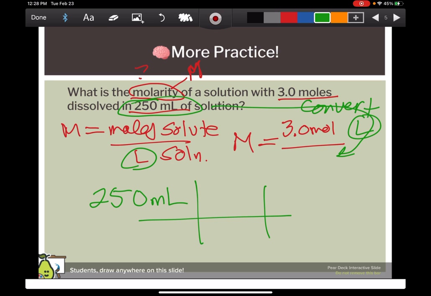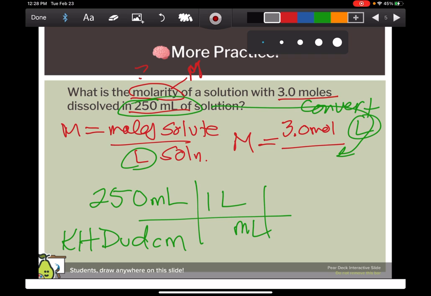I'm going to set up a quick conversion factor. This is something we learned to do before. If you remember, King Henry died unexpectedly drinking chocolate milk. So now I just need to remember how many milliliters equal how many liters. Liters is here and milliliters is here.